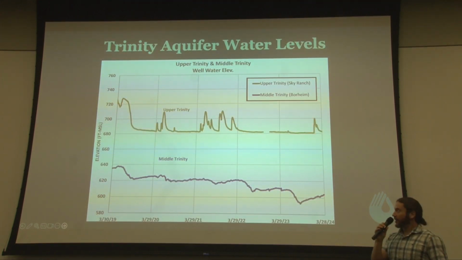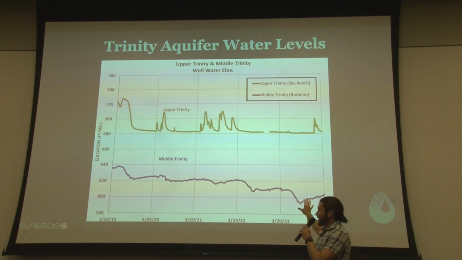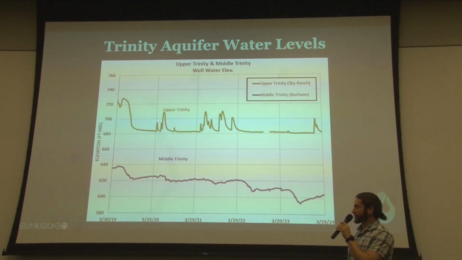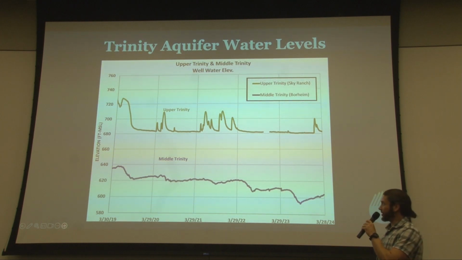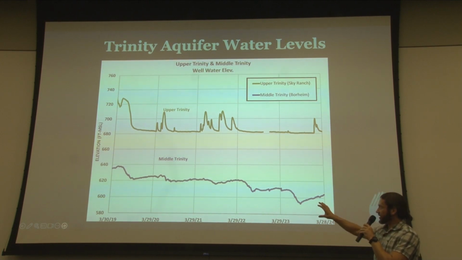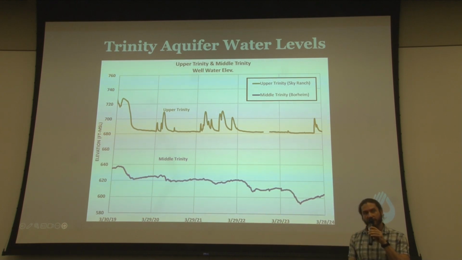Moving over to the Trinity Aquifer. This purple guy here is the Borheim well, which is one of our confined Trinity Aquifer wells. This is actually the well with the longest period of record within our district, which isn't very long. It's a little over 20 years. But you can see, similar to the Edwards, the Trinity does have these little muted, upward responses when we get rainfall.